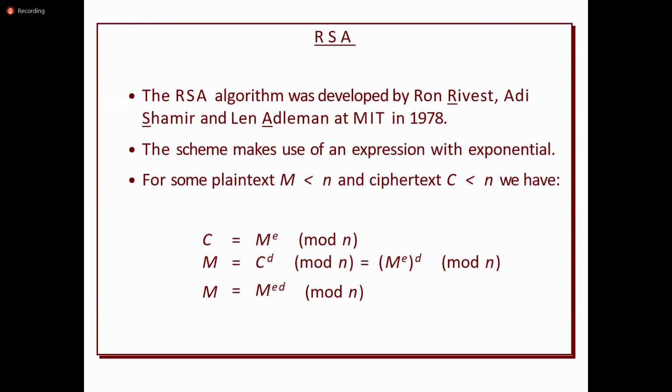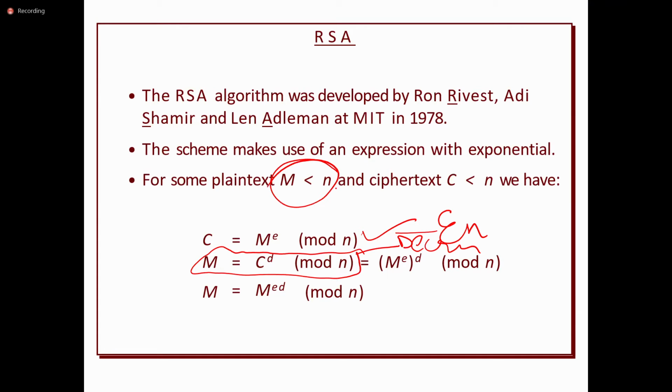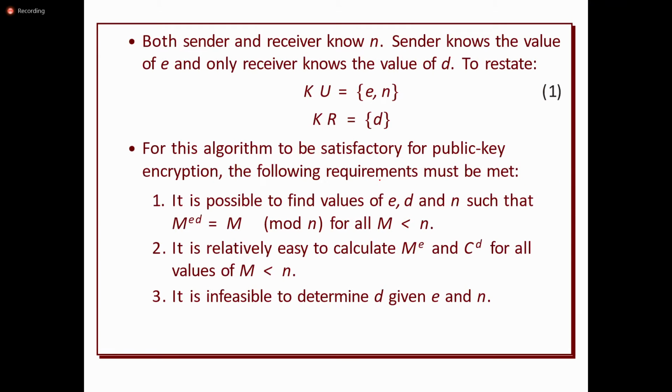C equals M power E mod n is for encryption, and M equals C power D mod n is for decryption. The message should always be less than n, and the ciphertext will also be less than n. Among the key space, the key consists of the sets P, Q, E, D, N. Among these, E and N are public, and D is the private key.